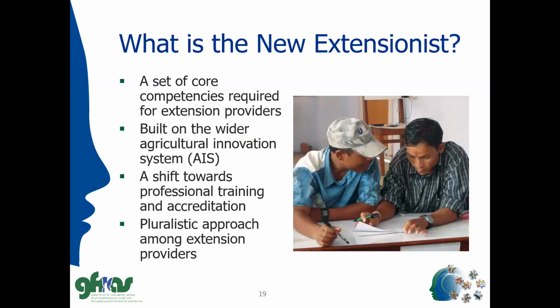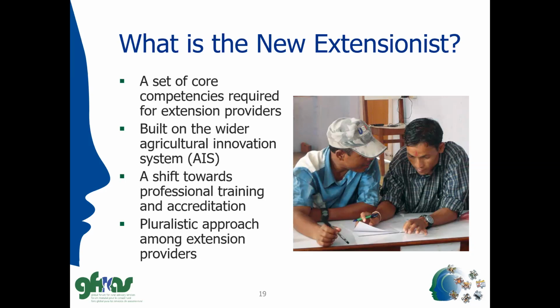So the New Extensionist, as I've explained, is this set of what we identified through a long process as a set of core competencies for extension providers, extension professionals. And it really takes the viewpoint of a systems approach, specifically the agricultural innovation systems. So it's really focused on the role of extension and advisory services within the broader system. It's also a shift towards professionalization of extension and advisory services.